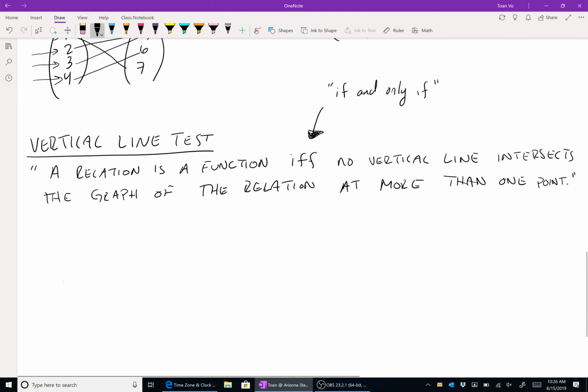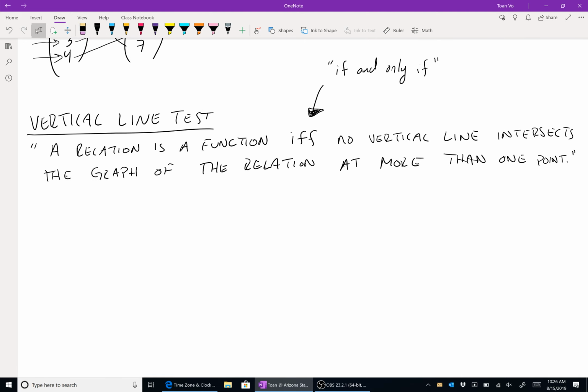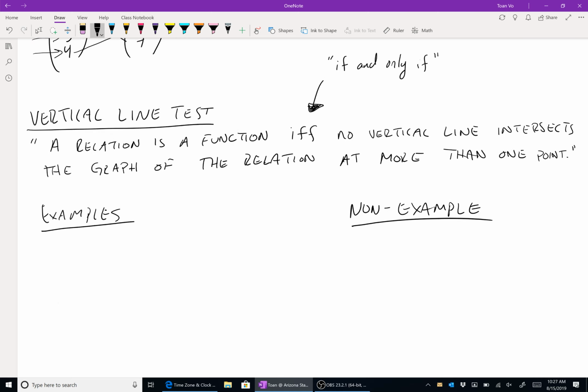End quotes. What the heck does that mean? As always, I think seeing examples highlights things better. So I'll do an example of a function, an example of not a function.